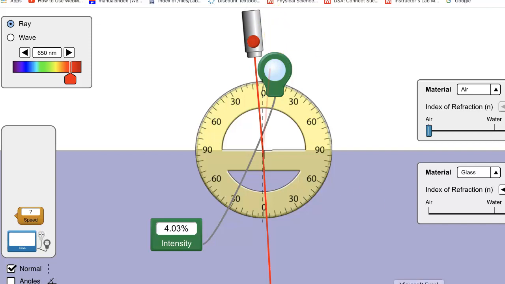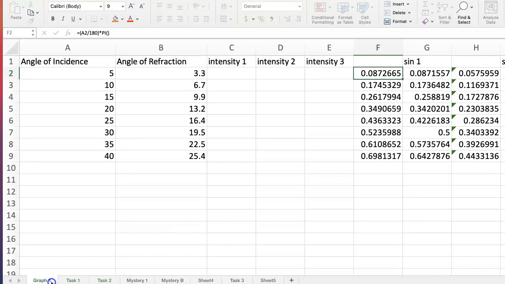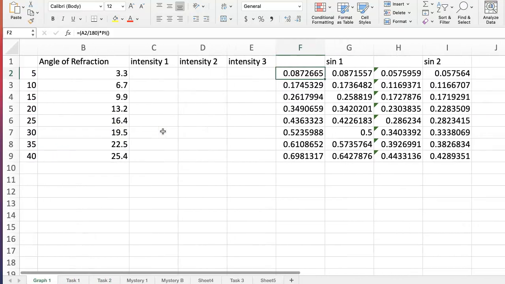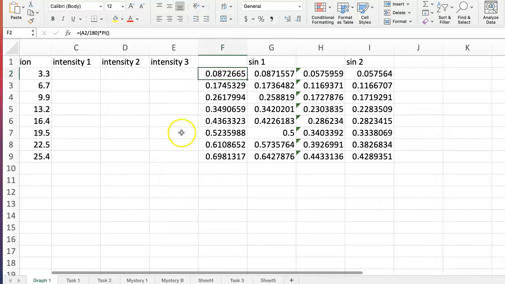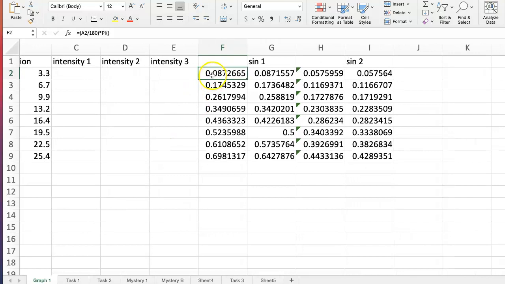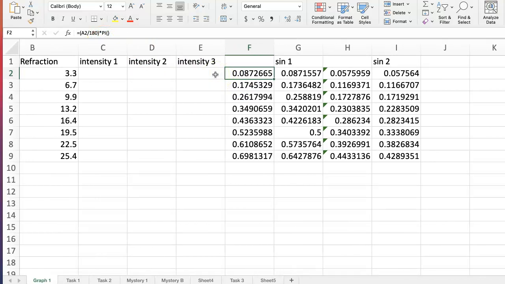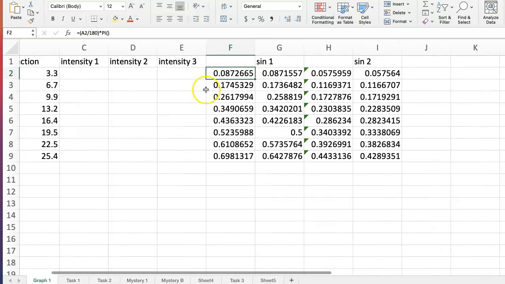Here I will show you my task 1. This is my angle of incidence, this is my angle of refraction. I did not record the intensities. You need to record them. Here what I did is I am converting my angles into radians. I typed equals A1, my angle here, the incident, divided by 180 multiplied by pi.